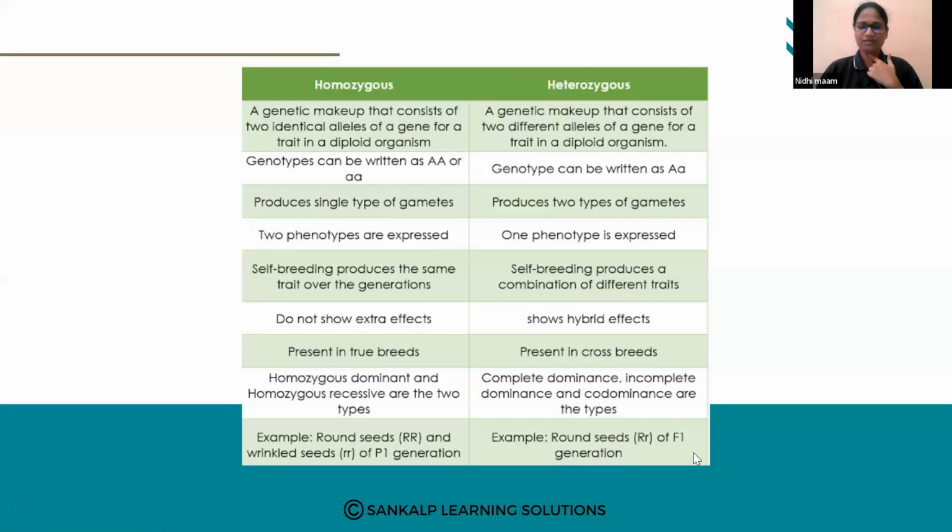Prithvi, can you read? Vinushri, can you read? No response.